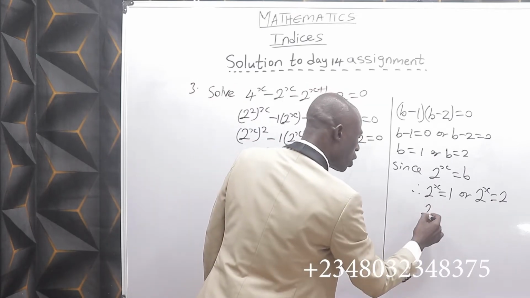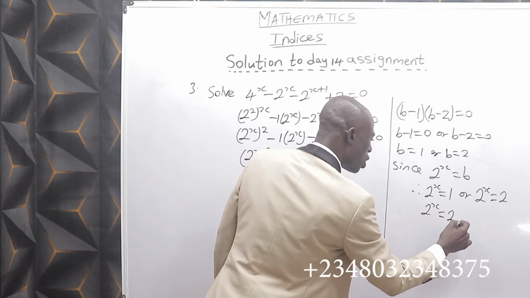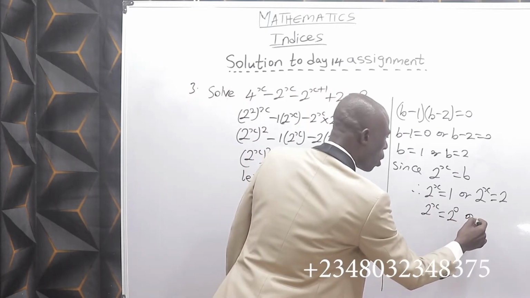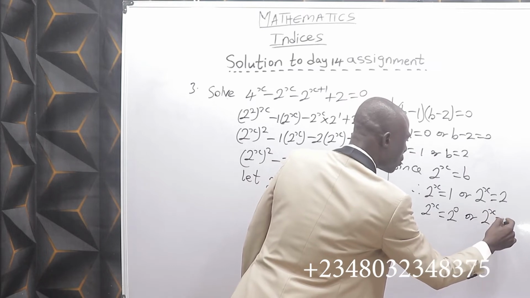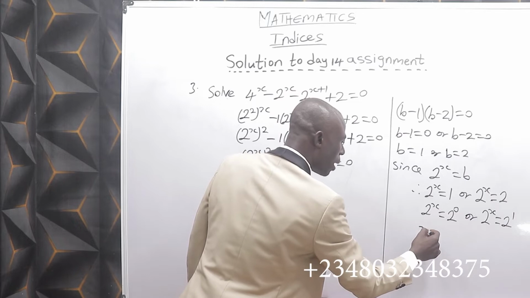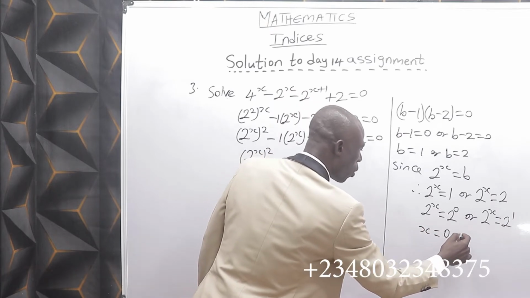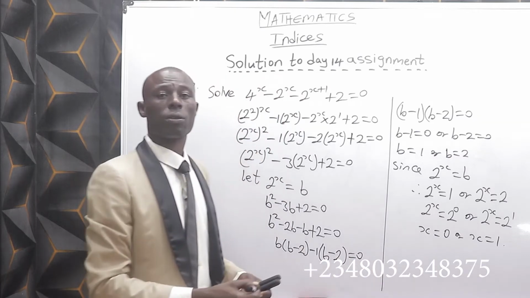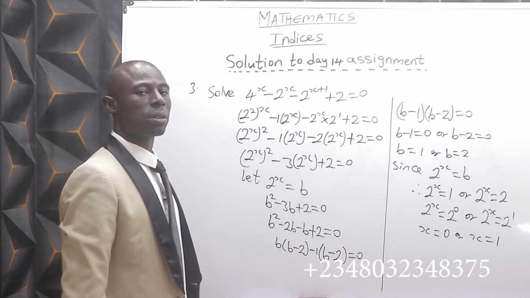So this is 2 raised to the power x equals 2 raised to the power 0. You remember in indices? Or 2 raised to the power x, which is equal to 2 raised to the power 1. So x is equal to 0 here, or x is equal to 1. And that is the end of that equation.